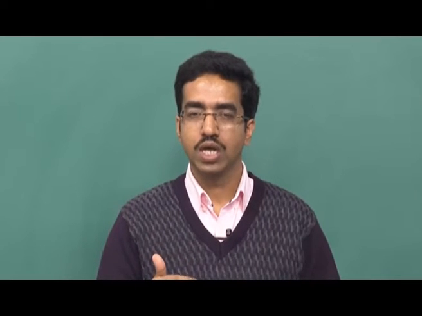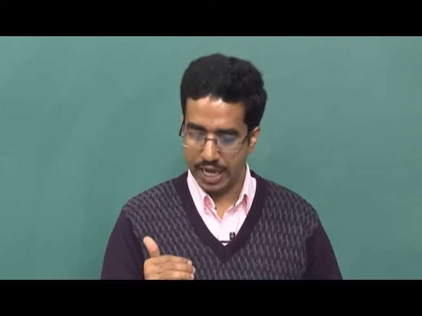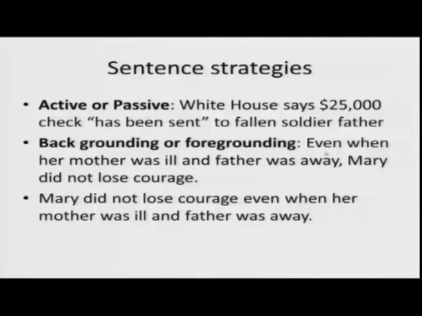Both of these are complex sentences, of course. Both have a subordinate clause and an independent clause, but there is difference in the order. Here, subordinate clause appears first and then independent clause comes. In this example, Mary did not lose courage. So, the independent clause comes first and then the subordinate clause comes.